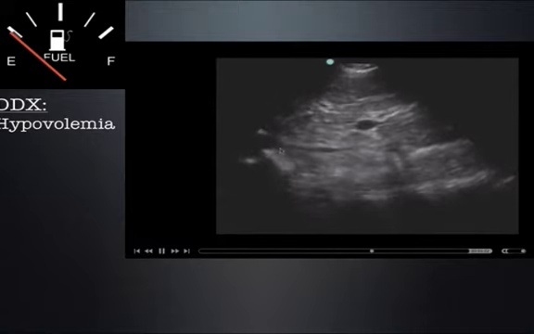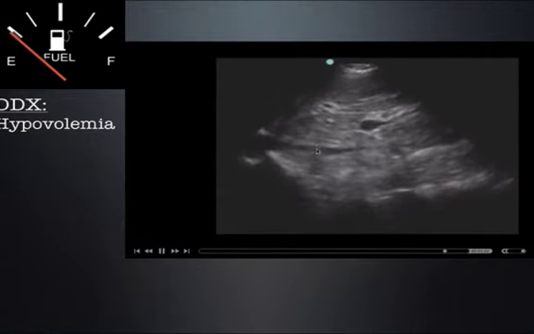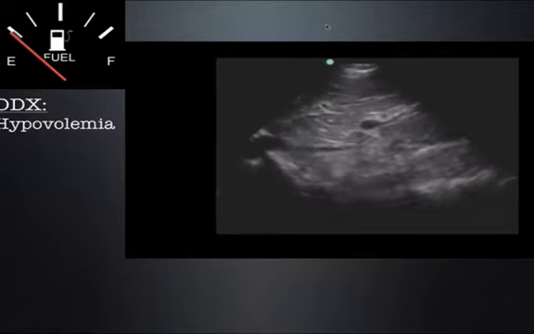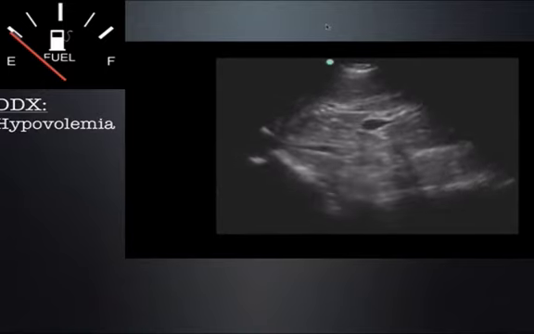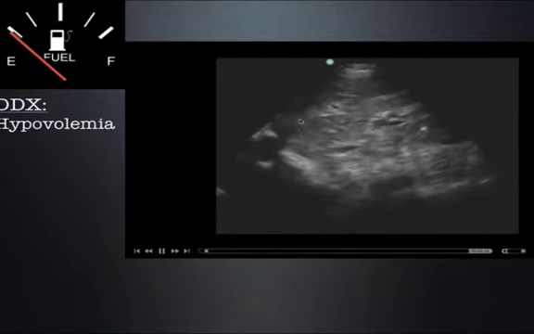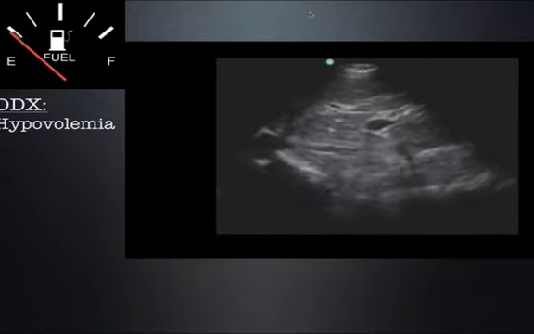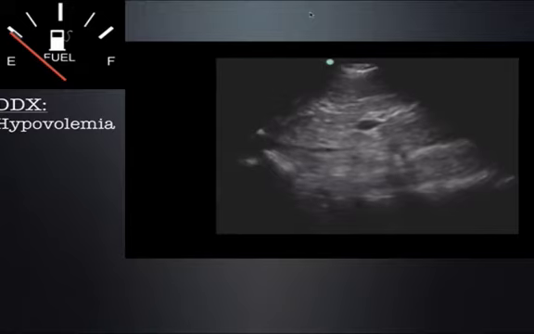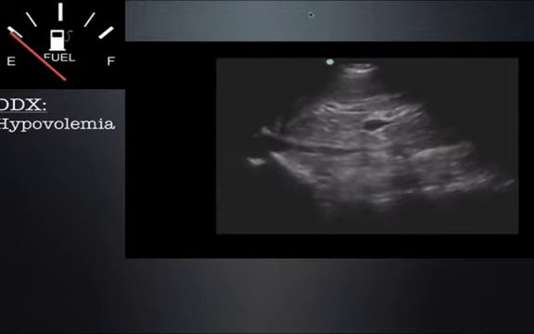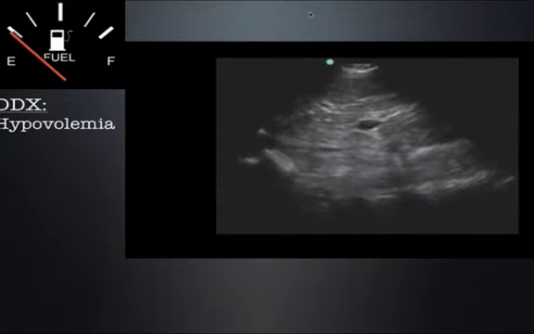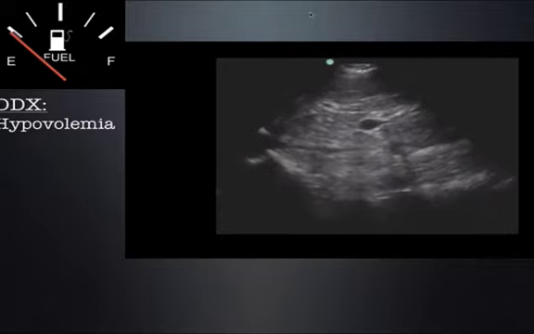This IVC, again, slit-like, 100% collapsing in on itself when the subject takes a breath in. Again, consistent with an empty tank. Also, just looking at this, you can see this could be an IVC that would be really difficult to see when you're scanning and trying to identify that IVC. This kind of reflects on my previous statement that sometimes if you can't find the IVC, you probably answered your question as to whether it's a full or a flat IVC.